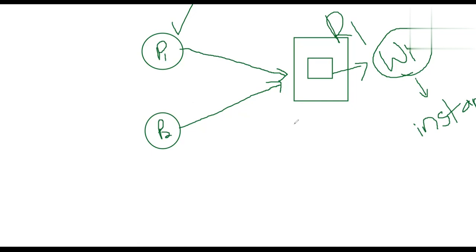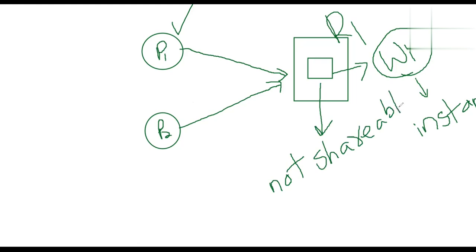That's why the system must decide that this single instance resource is not shareable. Shareable means the availability of a particular object is possible for more than one requester.